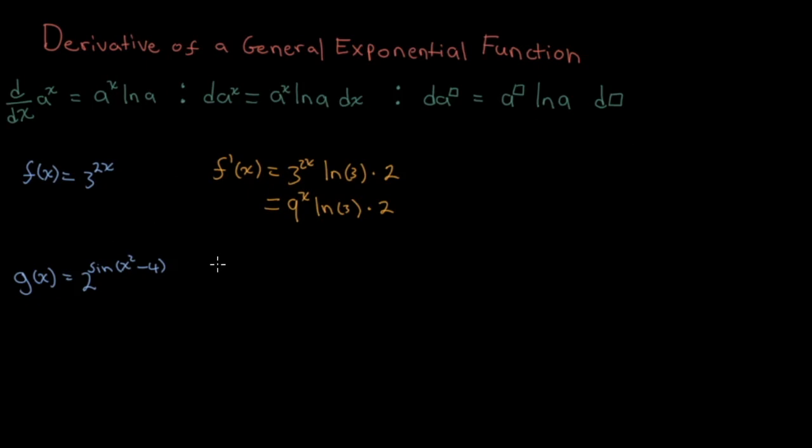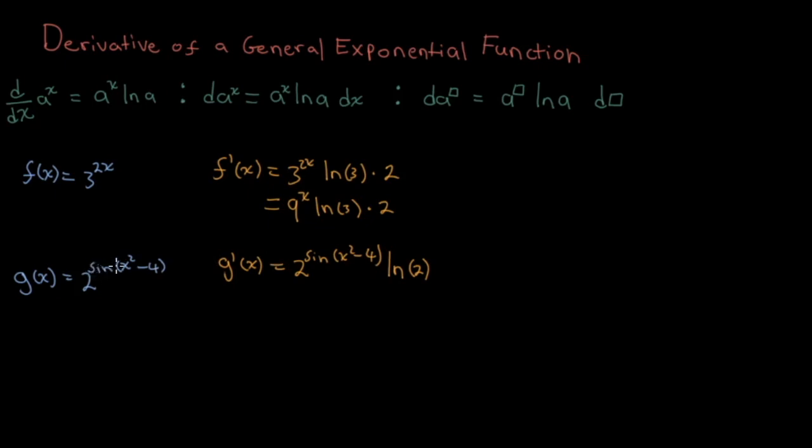So g prime of x is equal to a to the power of whatever the exponent is, so 2 to the power of sine of x squared minus 4, times ln a first, so ln 2, in this case a is 2, times the derivative of this exponent.